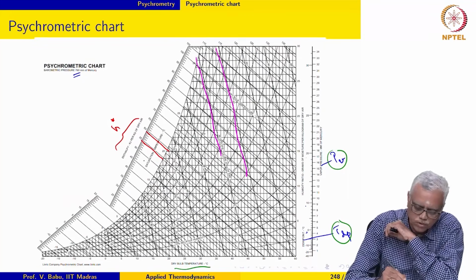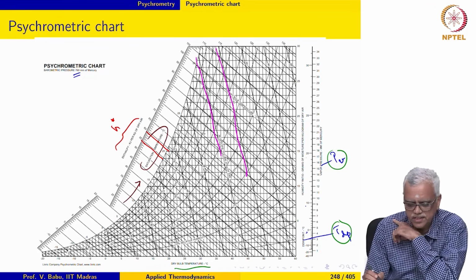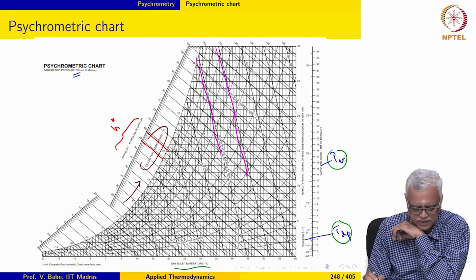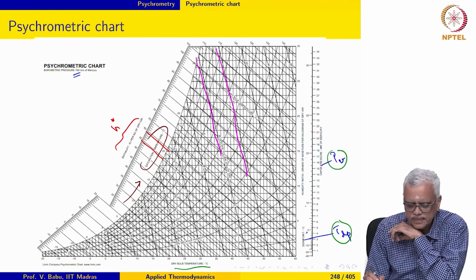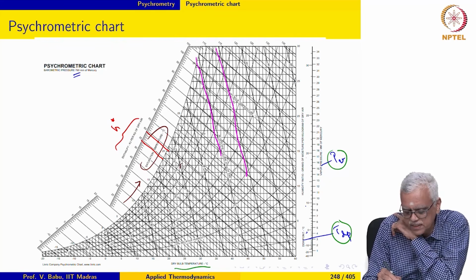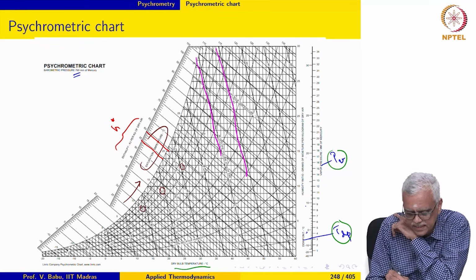This curved axis that you are seeing here is the axis corresponding to wet bulb temperature, and you can see lines of constant wet bulb temperature here. So, for example, 20 degrees Celsius, 15 degrees Celsius, 10 degrees Celsius.